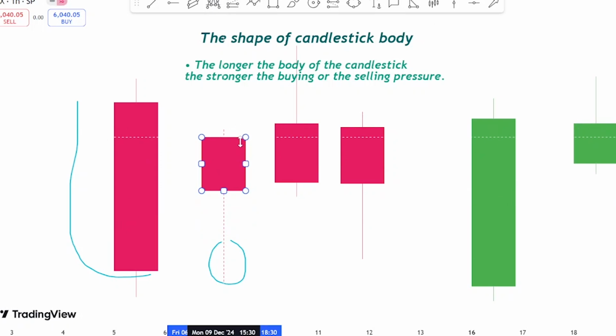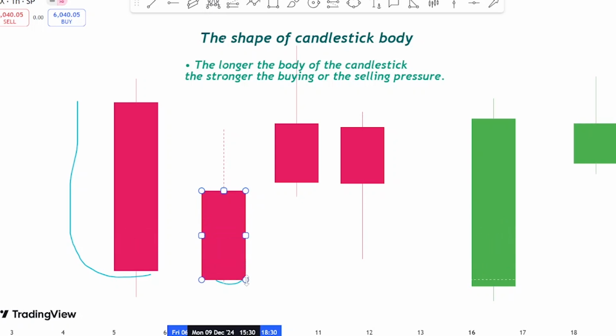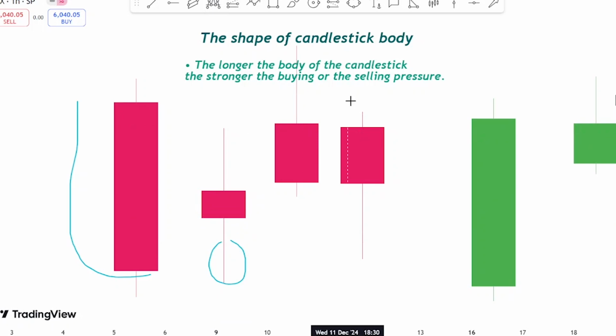The buyers try to push up, then the sellers change their mind with the pressure pushing the market down, and then again the buyers push against the sellers and we closed in the middle. So that's how the sellers and the buyers reacted in this candle, even if we are bearish.